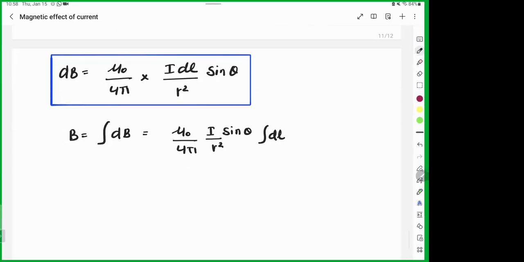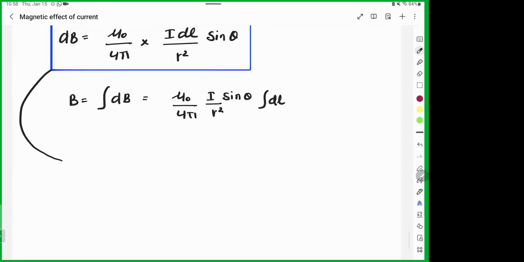Let me give the simplest example of the same thing to show you the easiest way how we can derive other things. For example, you have a circle of radius r and you have a current wire entering into it. If current is entering into it like this, what will happen?